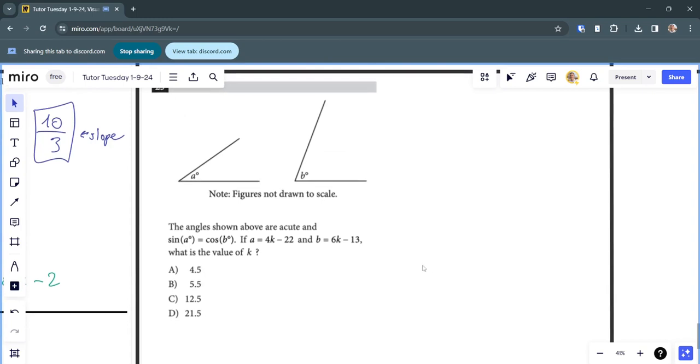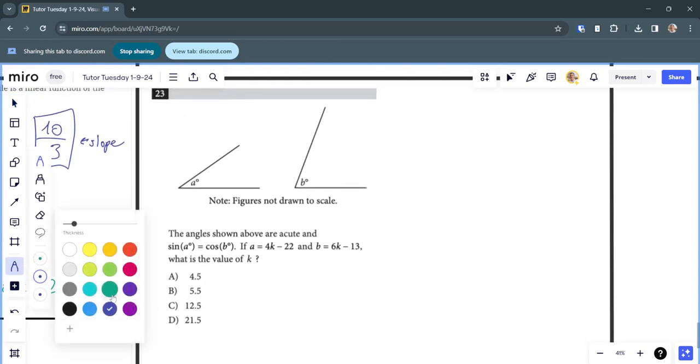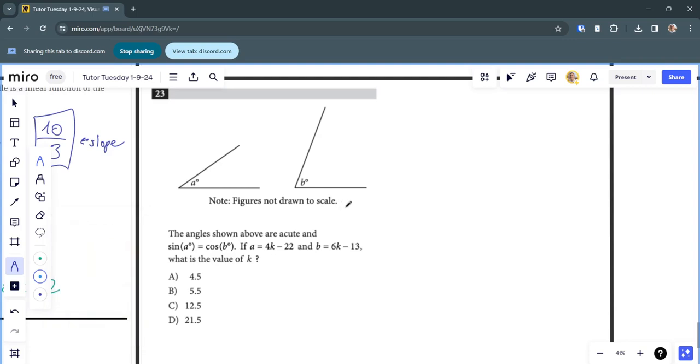Oh yeah. This one is a good one. This one is a really good one. Because you have to know what they're trying to test here. They're testing you on the sine and cosine of complementary angles. It says here sine of A is equal to cosine of B. Do you guys know when this is true?